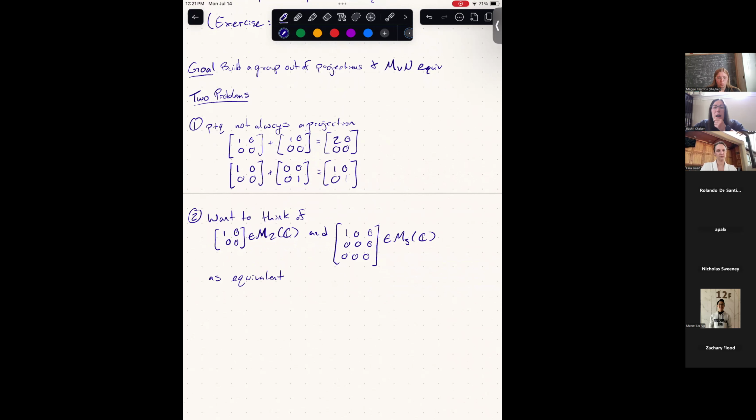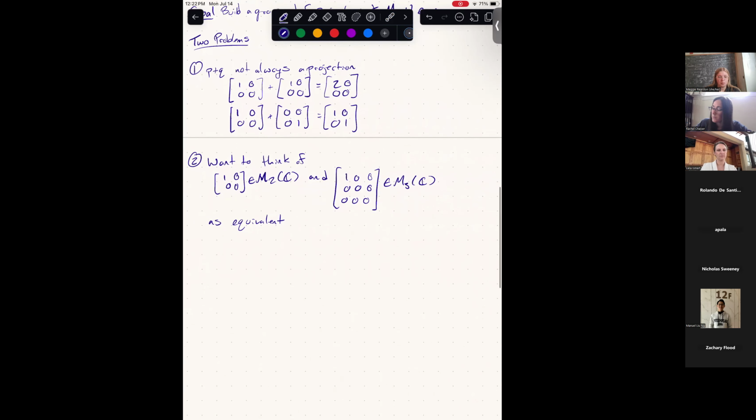The reason is that they project onto isomorphic subspaces. They have the same rank. These projections behave in the same way, and the C-star algebras that they live in are very intimately related. But these are in different algebras.